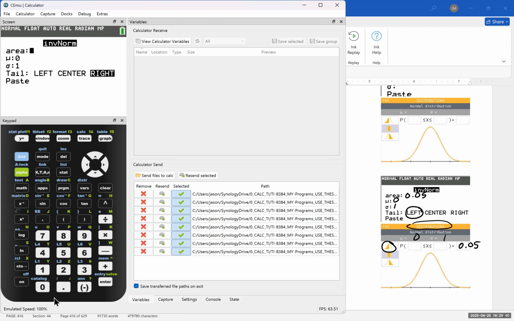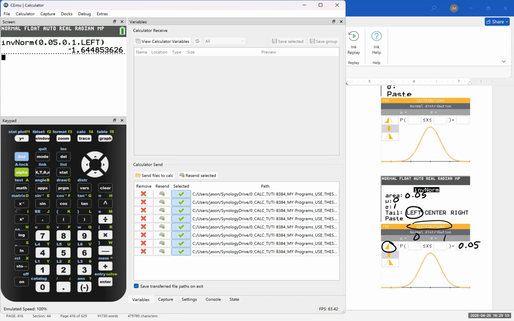And we want an area of 0.05. Oops, 0 is going to make a difference there. And now I want left tail. Paste and enter. Okay, we get negative 1.645.